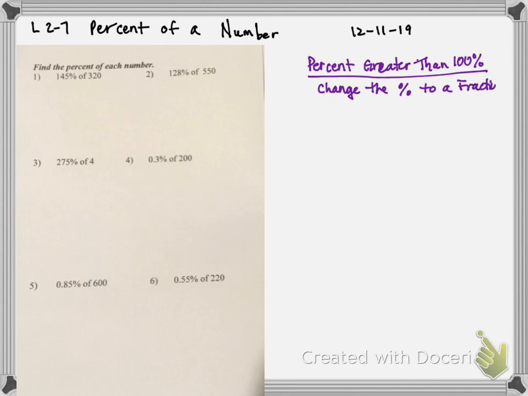For some reason, that just kind of works out better for me, all right? So that's okay. So for example, if I have 136%, it's going to be 136 hundredths, okay?